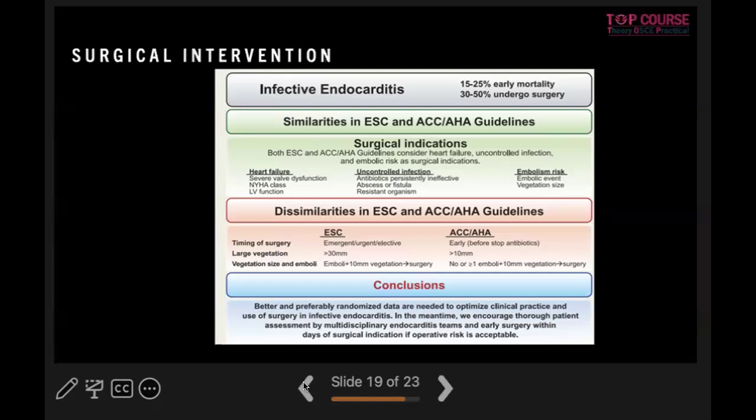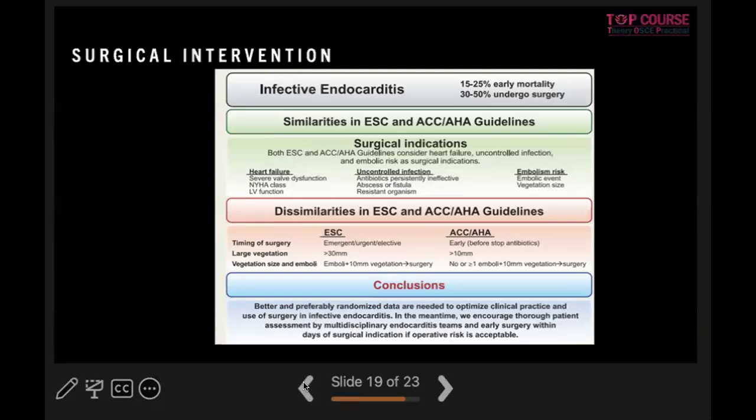Or there are large vegetations which could be detected even in the transthoracic echo, which have the risk of getting embolized to the brain or any other smaller circulation. Then you have to definitely subject the patient for surgical intervention.